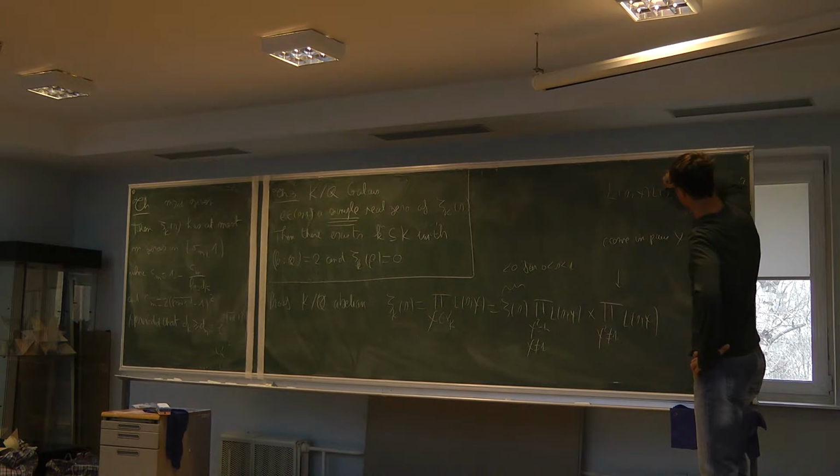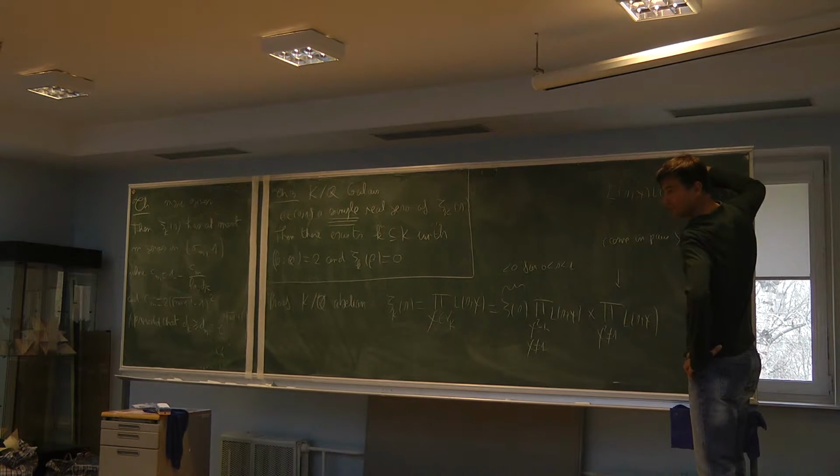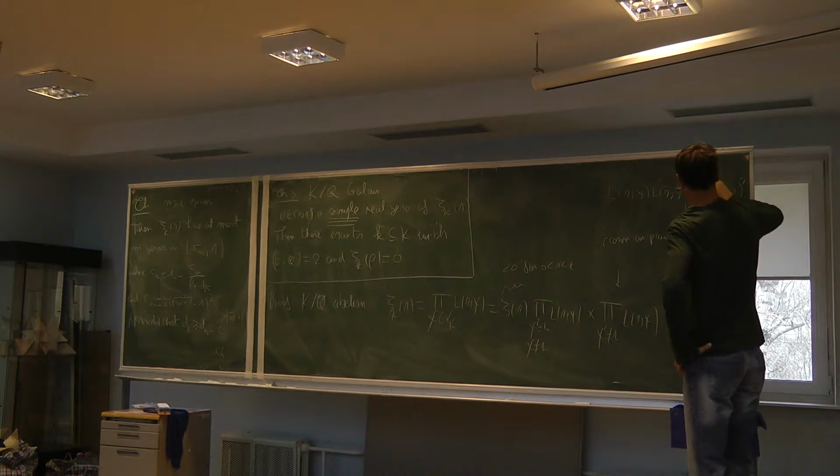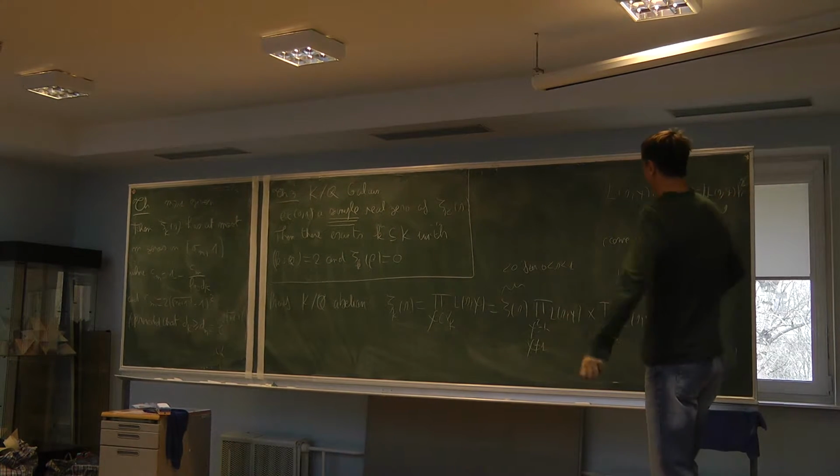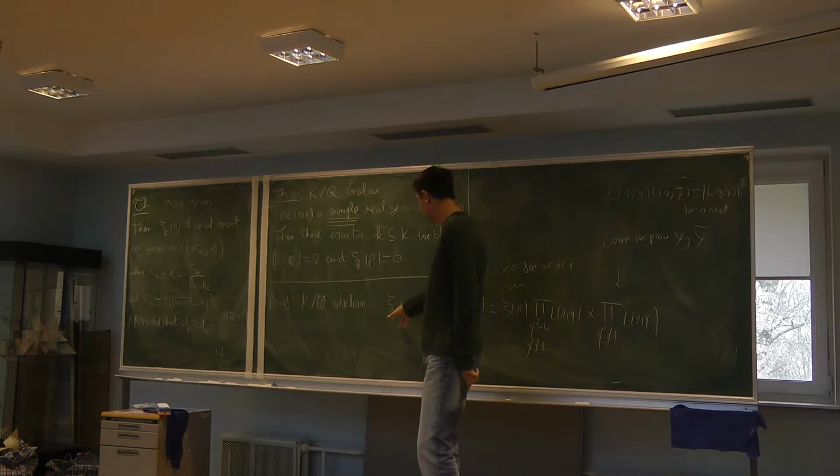Usually this one is just this one. If this is real, I don't care. But the point is that if you have a zero here for this one, it must come from one of these.